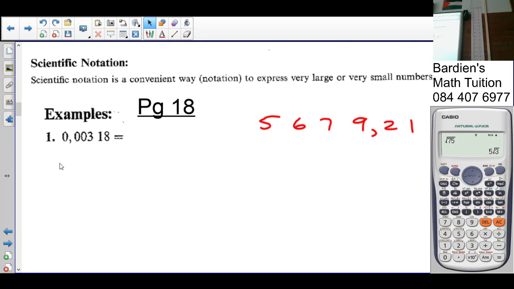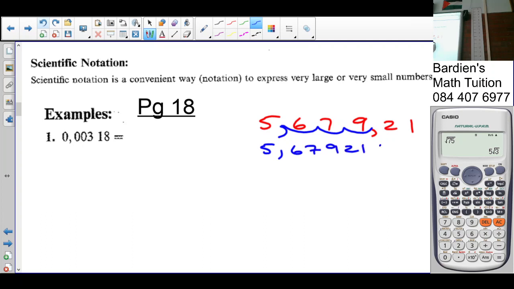Listen, if the sum was that, you can do that too. Why? Because the comma is lying here. Where must it lie? After the 5. So I'm moving it. 1, 2, 3. So it's 5,67921 times 10 to the.